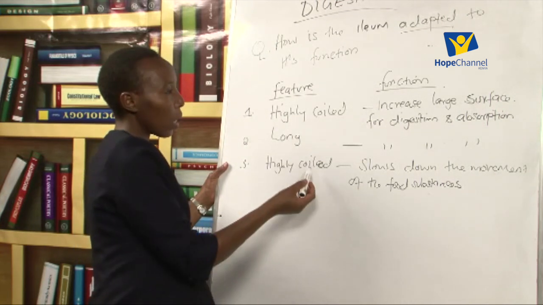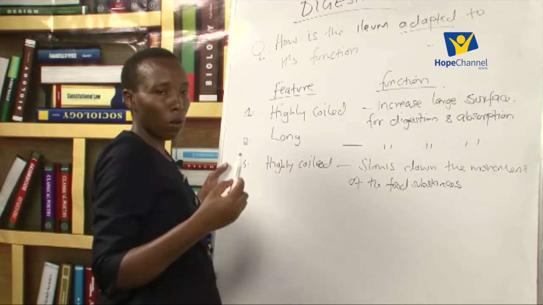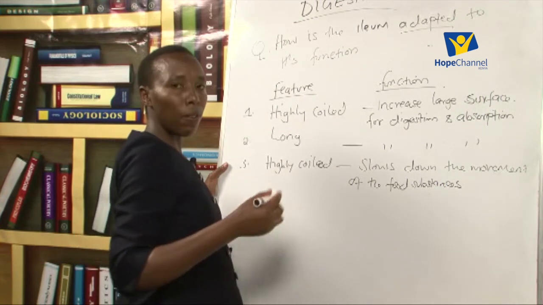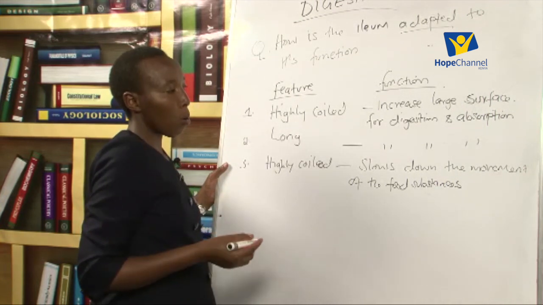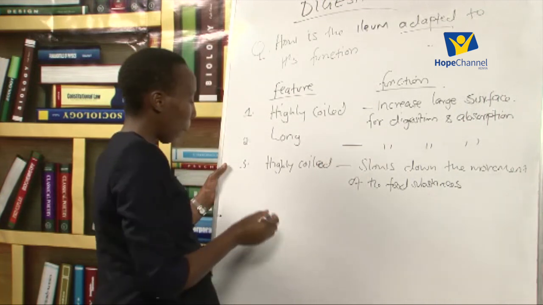So the high coiling, apart from increasing the large surface area, also slows down the movement of the food substances such that it gives more time for the process of digestion and absorption to end.